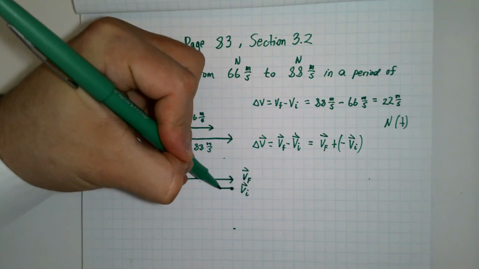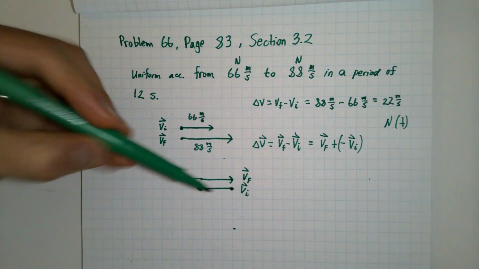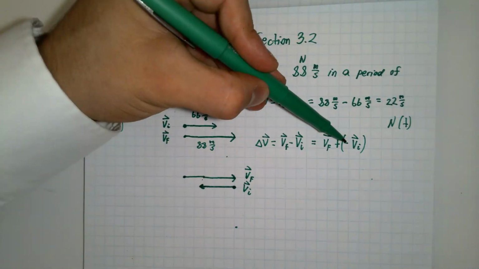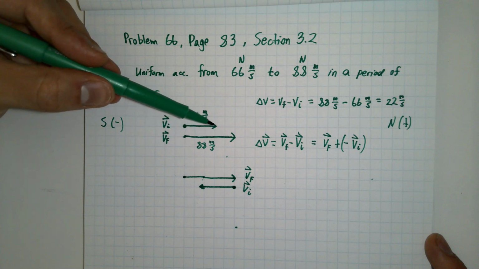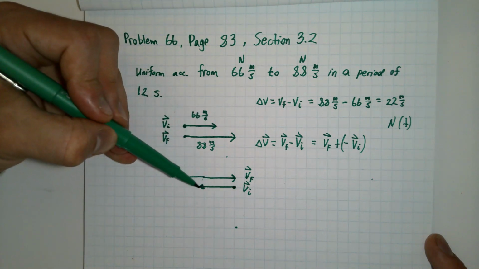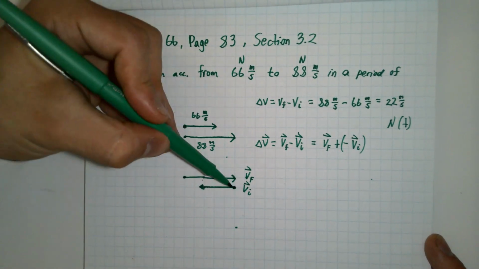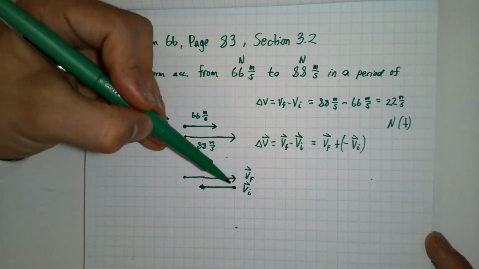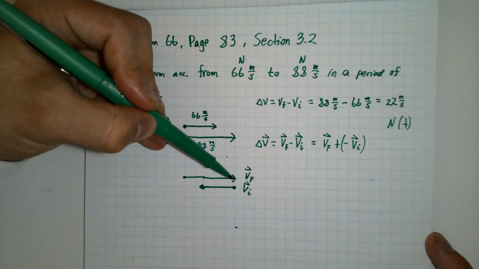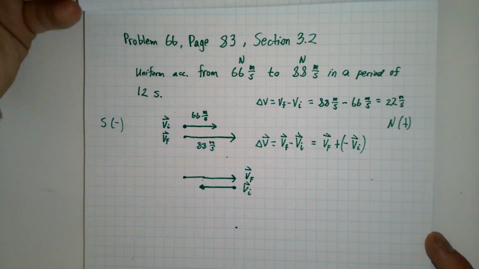And now it's pointing back the opposite way, right? Because of this negative sign, this initial velocity vector that was pointing towards the north is now pointing towards the south. See how these two are being added to each other. We know they're being added because now we have head to tail, or the arrow to the tail.